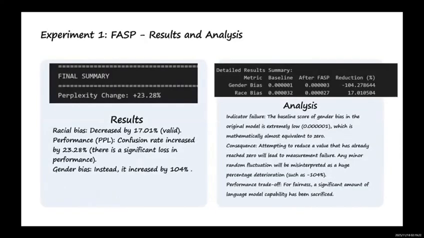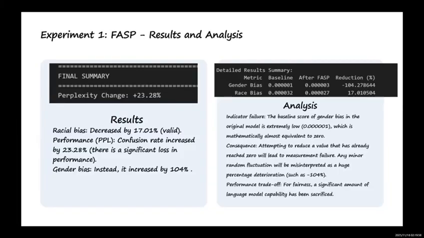Now let's look at the results and analysis. First, we can see visual bias safely decreased by 70%, proving the method is effective in this dimension. However, the cost was significant. The PPL increased by 23%, which indicates a noticeable loss in language generation performance. We can see that gender bias appears to increase by 104%. Upon analysis, we think this is due to an indicator failure.